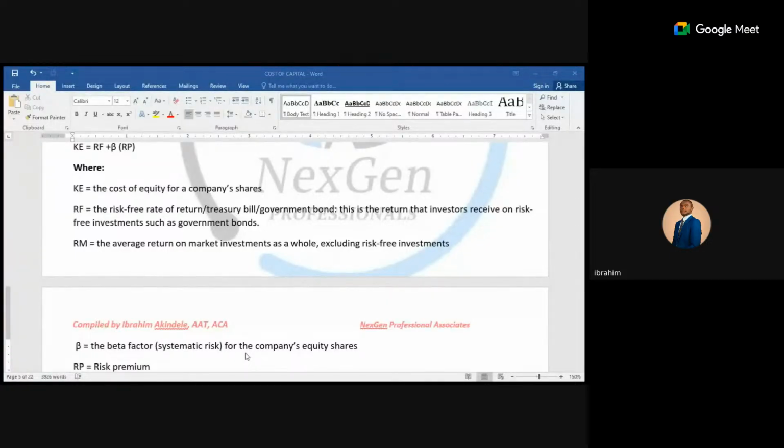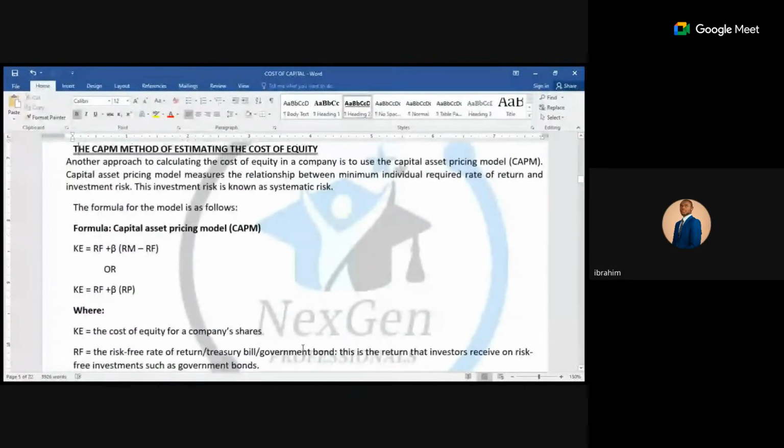You can see from the formula of CAPM that you have systematic risk. CAPM measures the relationship between individual required return. What you want to use CAPM for is to determine cost of equity. And what does it measure? It measures the relationship between Babalola, who is expecting something, and the risk that will affect the shares of Babalola, which is systematic risk.